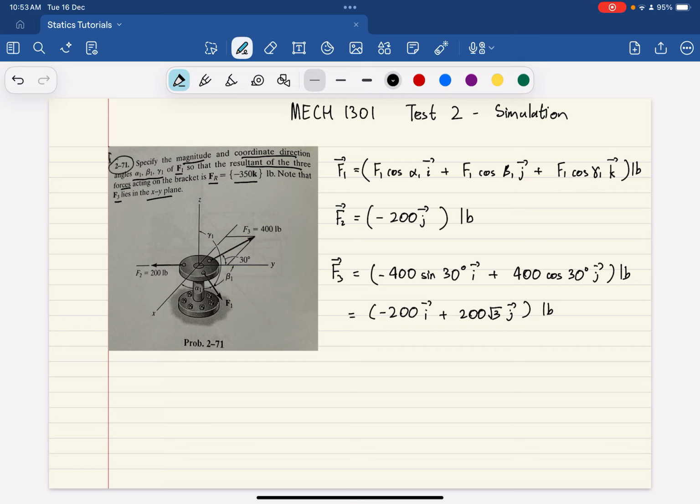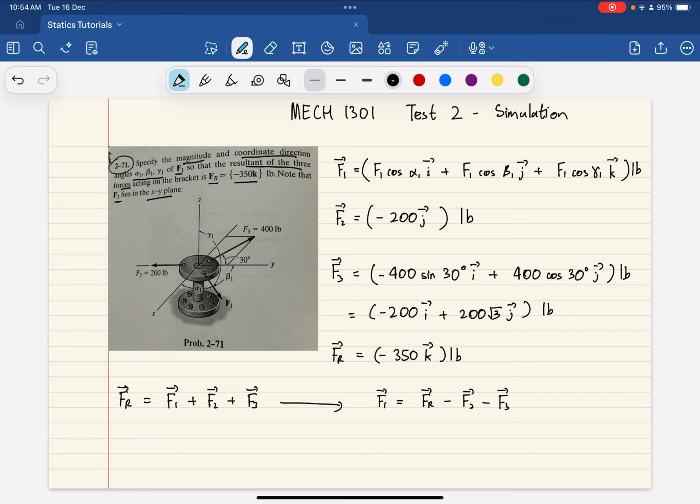And we know that Fr is clearly negative 350 k pounds. We also know that Fr, the resultant force, is basically the summation of all three force vectors, F1 plus F2 plus F3. We can rearrange this by saying that F1 is equivalent to Fr minus F2 minus F3.